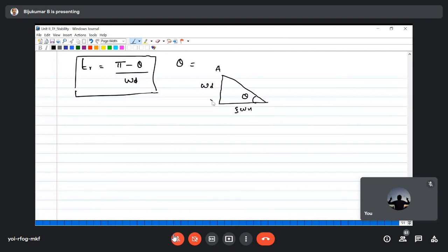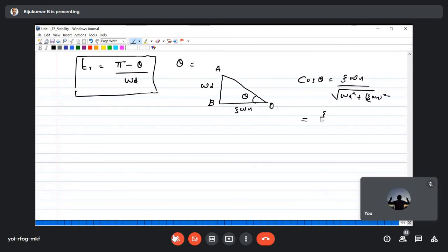Let it be A, B, O. So what is cos theta? Zeta omega n divided by square root of omega d square plus zeta omega n all square. So if you solve this, what you will get?